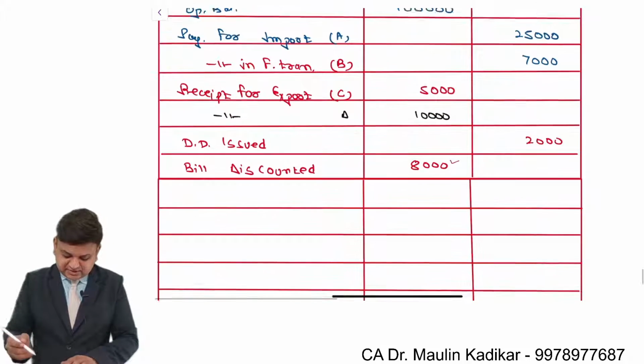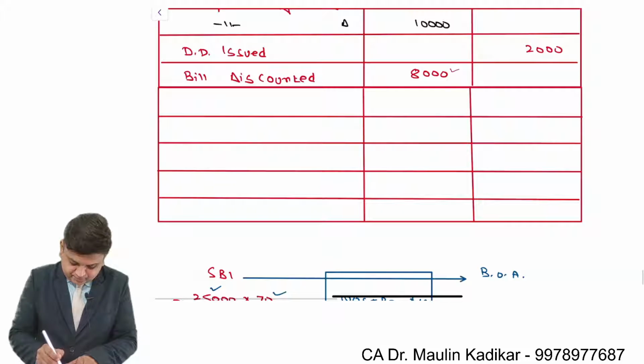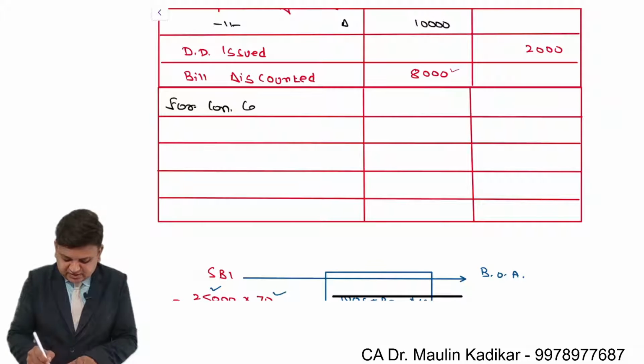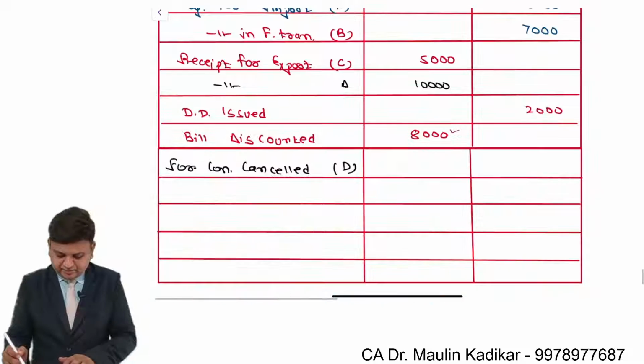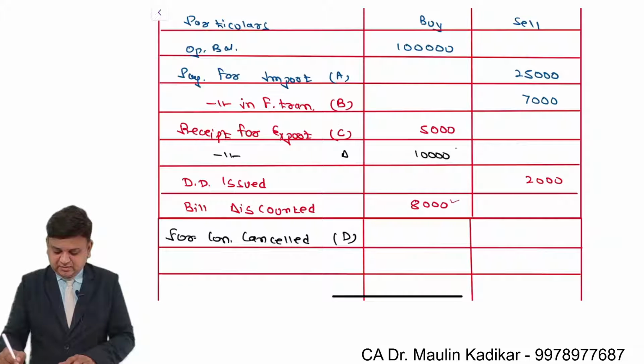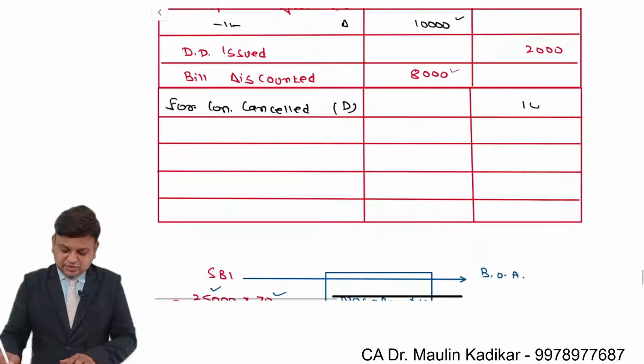So it will be like this. Forward contract cancelled. In bracket I am writing D, an amount of $10,000.